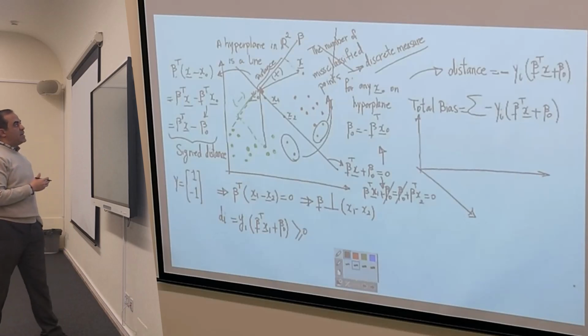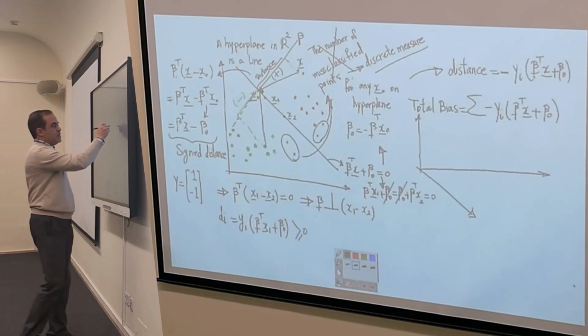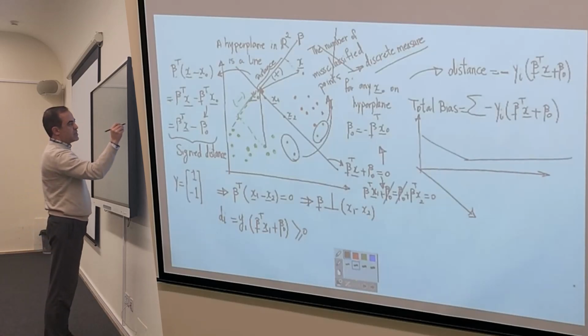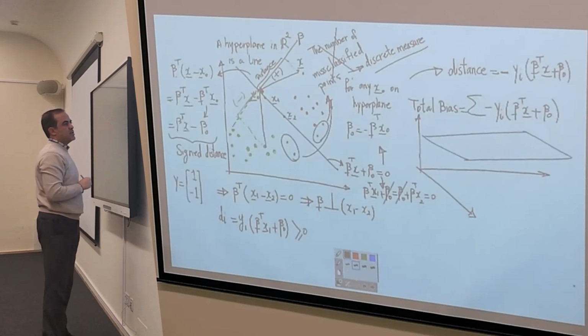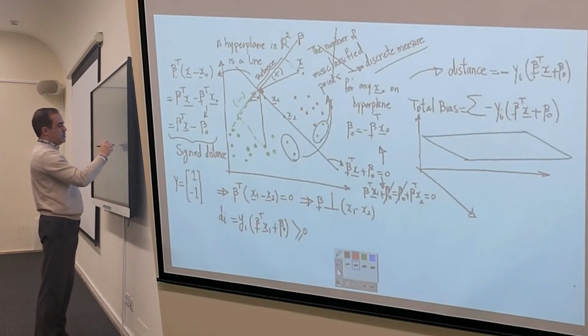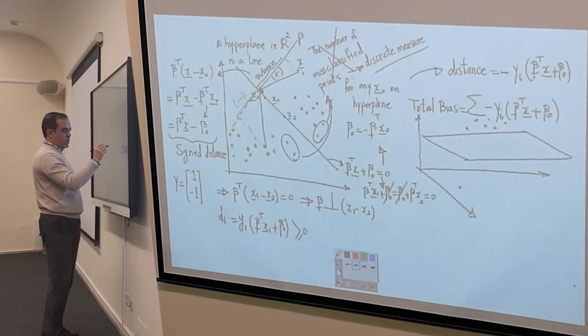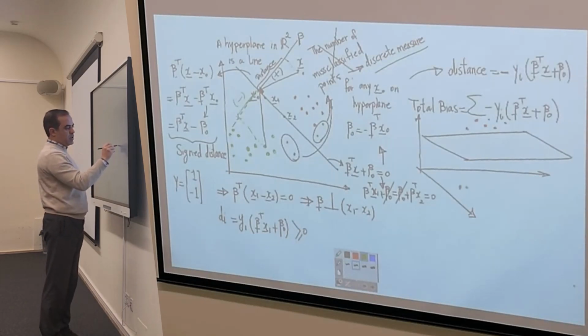And in this case, the hyperplane is a plate. Could be considered something like this, okay? With red points here, and with green points.